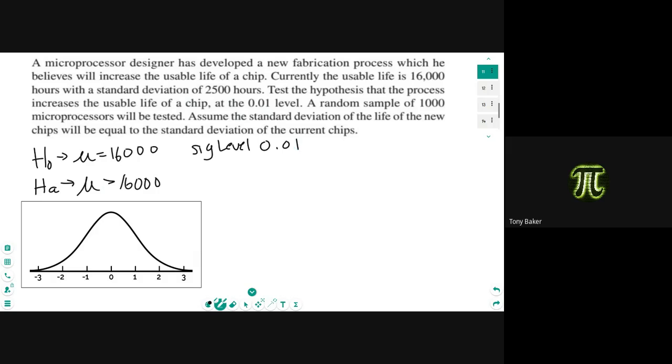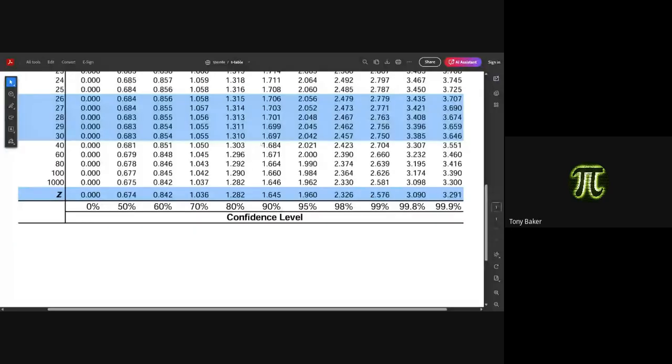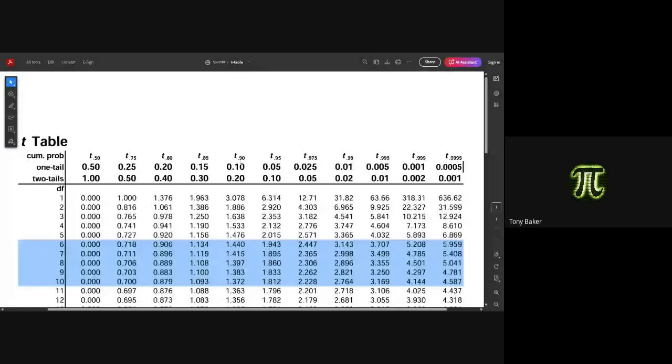All right, one-tailed or two-tailed? One-tailed. Okay, so look at your graph, your table. We're going to look at one-tailed, 0.01.